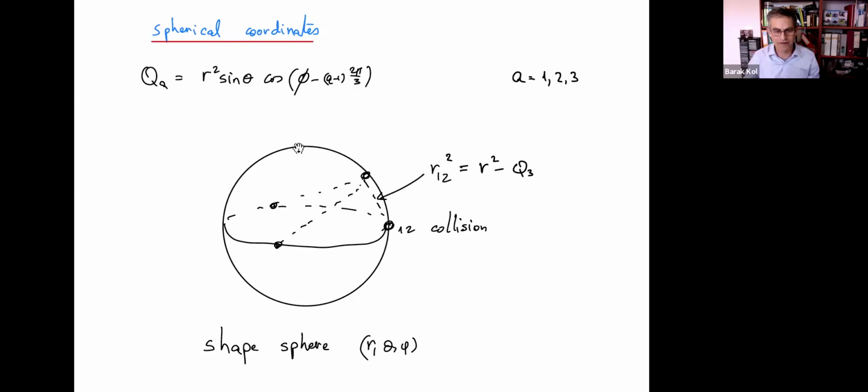The top point is an equilateral triangle, but right-handed, and the bottom pole is a left-handed equilateral triangle. So it's a nice way of mapping the shape of a triangle to a two-dimensional space.